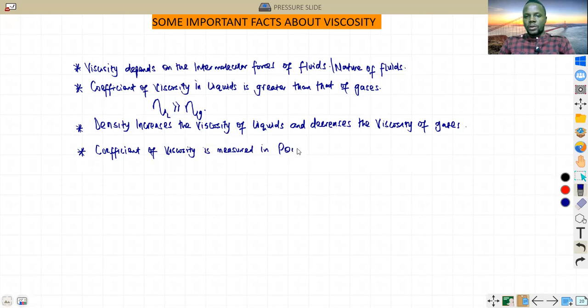That is what we call it, Poiseuille. So be careful about Poiseuille, which we denote as PL. That is the SI unit of coefficient of viscosity. Remember I told you the coefficient of viscosity is denoted by eta. So this SI unit of coefficient of viscosity is Poiseuille. But when we talk about the CGS, because of conversion, in most of our numericals, it should be given in CGS.